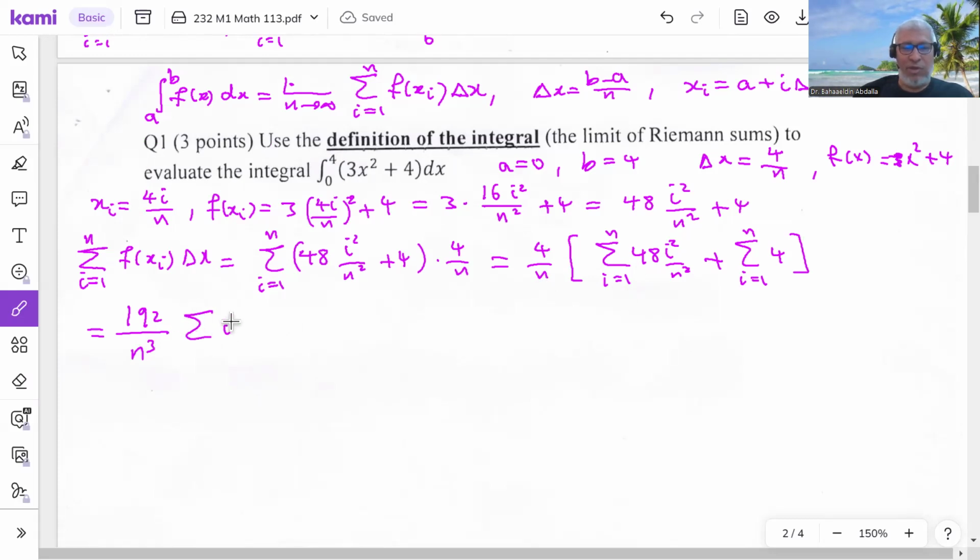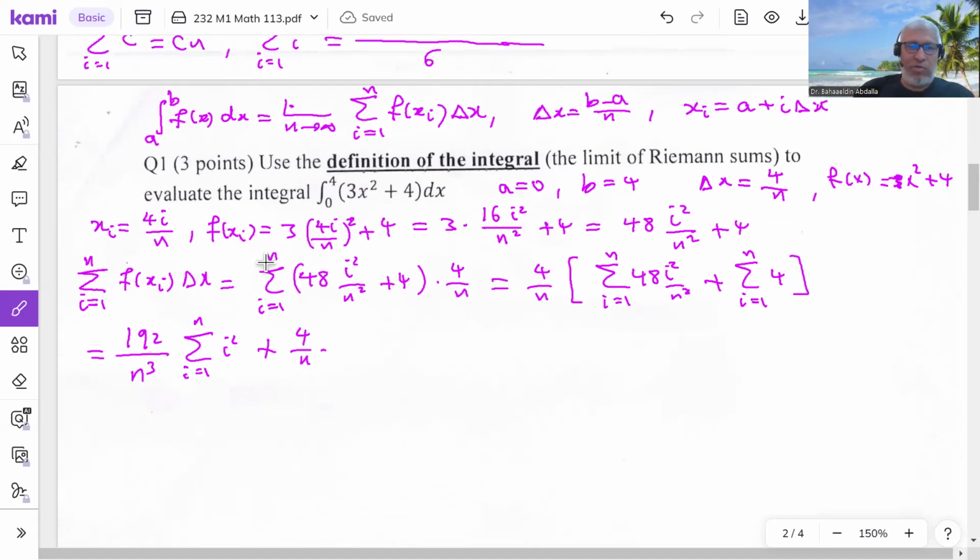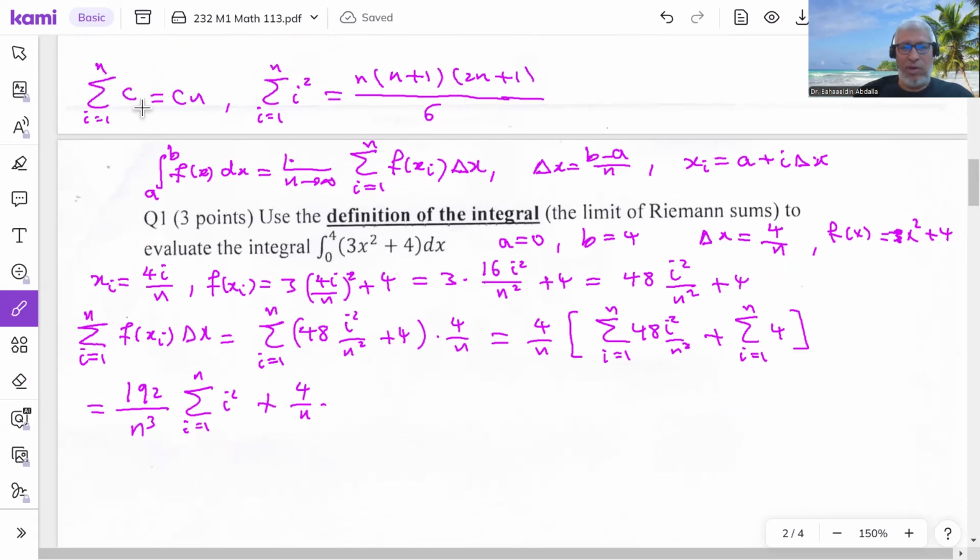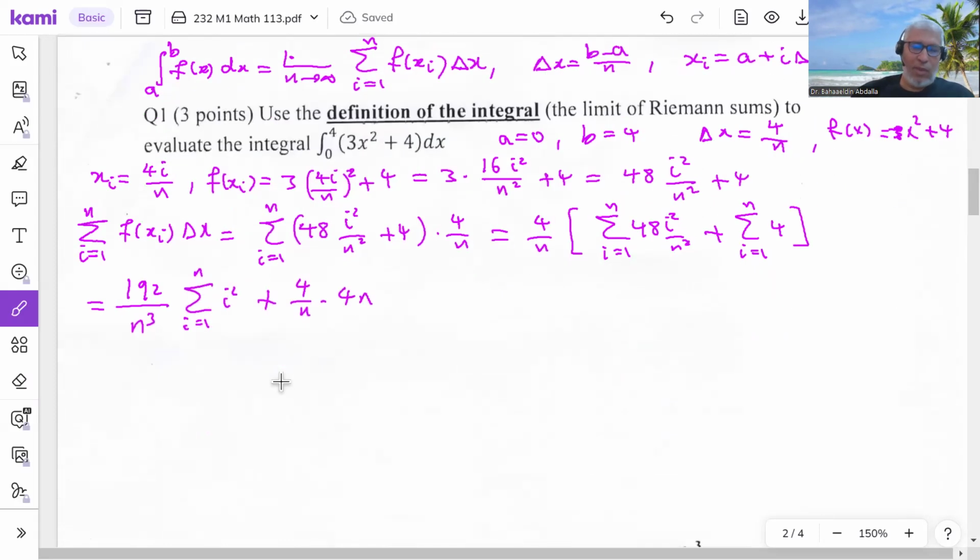And I will have the summation of i squared plus 4 over n times this summation. What is the summation of 4? According to this formula, it is 4n. So this would be equal to 192 over n cubed.